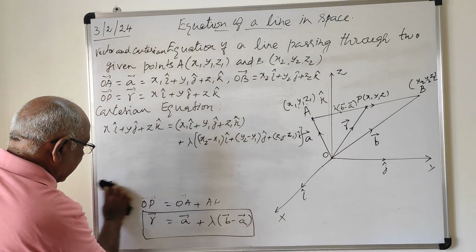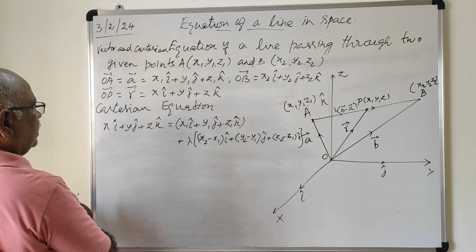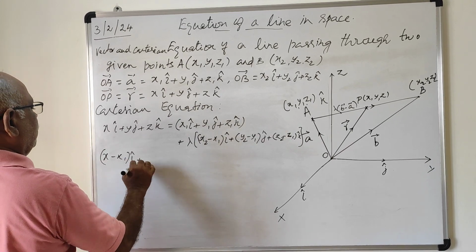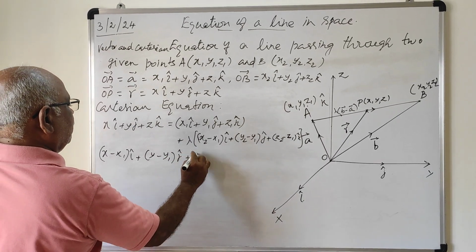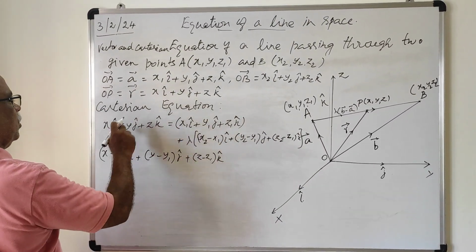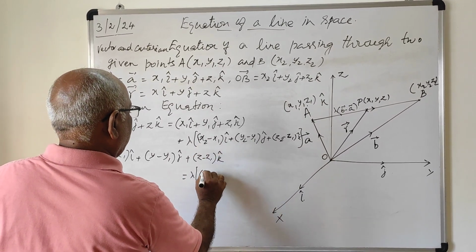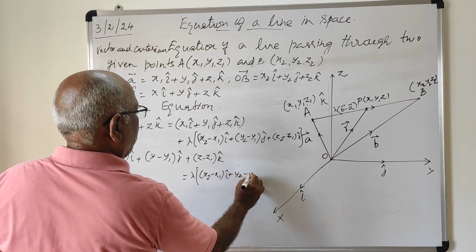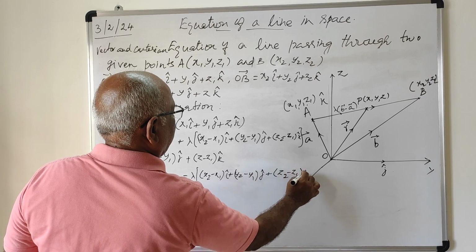Now, comparing the coefficients again, you will get the Cartesian equation. In this case, bring x1, y1, z1 to the left hand side: (x minus x1)i plus (y minus y1)j plus (z minus z1)k equals lambda times (x2 minus x1)i plus (y2 minus y1)j plus (z2 minus z1)k.